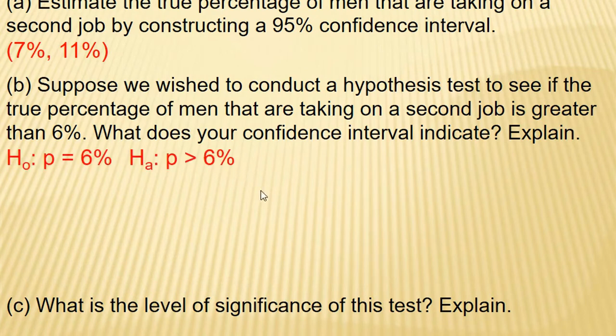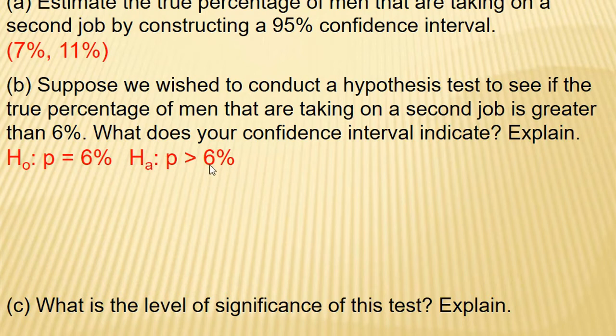So step one, you want to write down some hypotheses first. So for number 2, letter B, if you want to make a conclusion based on an interval, you start with writing some hypotheses. So here are my hypotheses. The null hypothesis, that's always harder. I always start with the alternative.